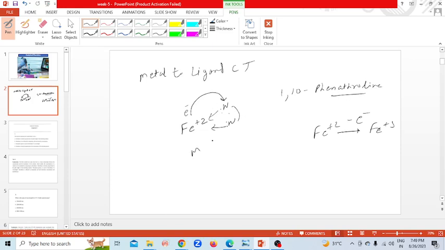So it is metal and it is ligand, and this transition of electron is called metal to ligand charge transfer. I think it is clear how it is metal to ligand and ligand to metal. Ligand to metal we discussed first, and here we discussed metal to ligand transfer.